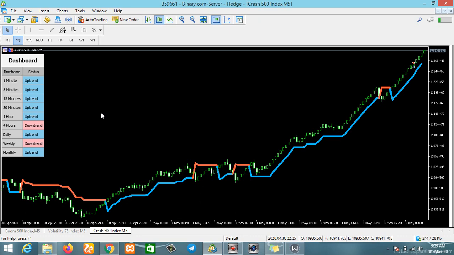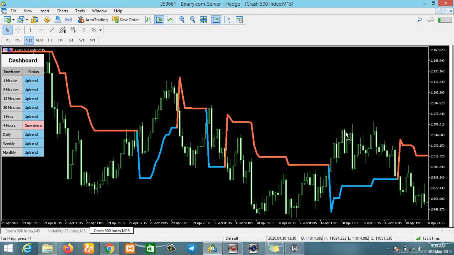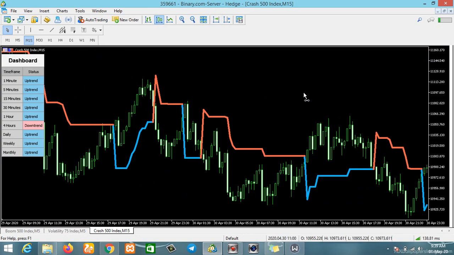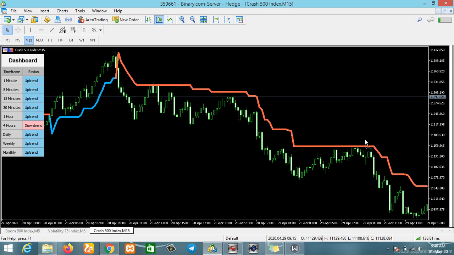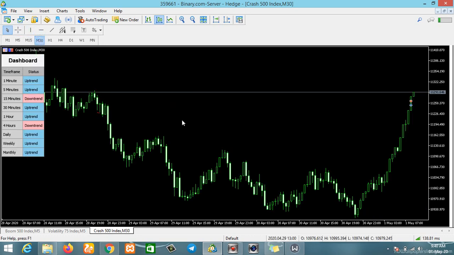Now I will check for the resistance level in other bigger time frames. If I see one, I will know how long I can stay in the market. So I'll be checking the 15 minutes. The resistance level I'm seeing there is very fast, so I won't consider that much.